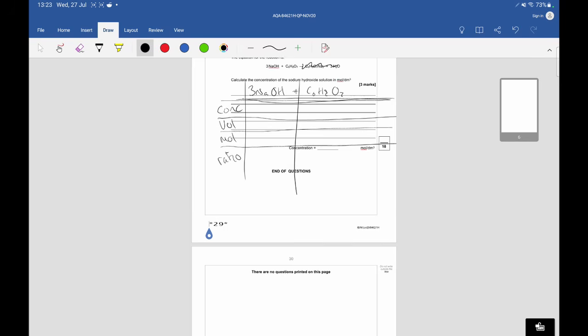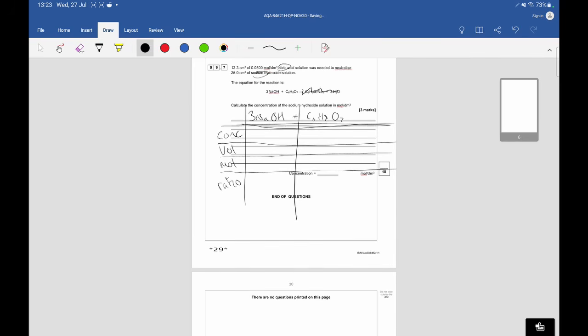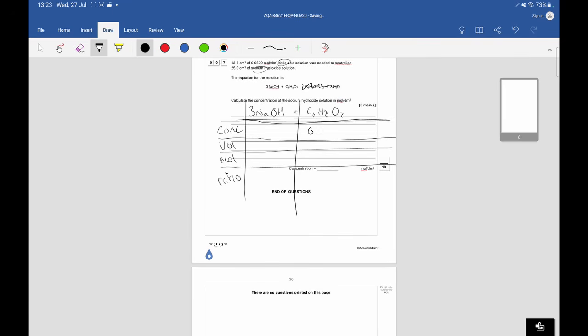And we're going to plug our numbers into this one from the table above. It says we have 13.3 centimeters cubed of 0.05 mole per decimeter cubed citric acid. So our concentration of citric acid is 0.05. We know that our volume of citric acid is 13.3 centimeters cubed, but because our concentration is in moles per decimeter cubed, all of our volumes also need to be in decimeters cubed as well.